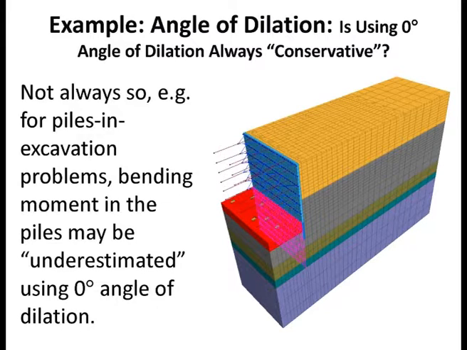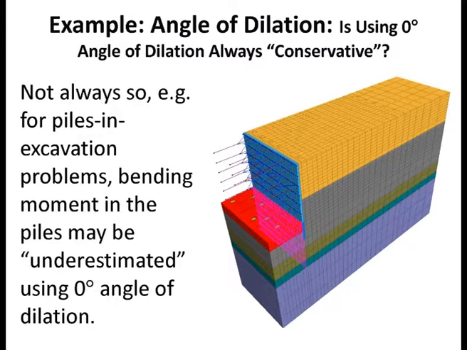I want to just give you an instance. Earlier on in the Mohr-Coulomb discussion, I talked to you about the angle of dilation, and why people usually use 0 degrees as the angle of dilation. Because in an undrained problem, it is supposedly the one that leads you to a lower strength.